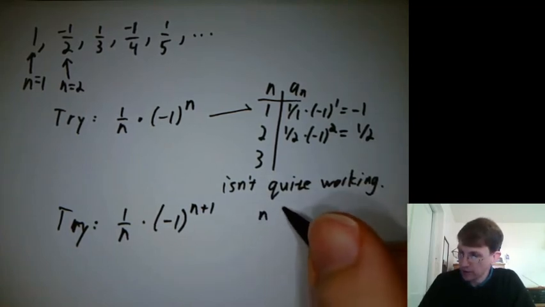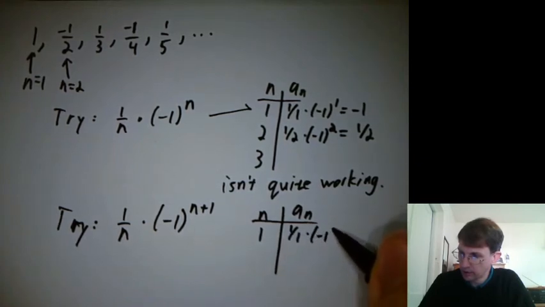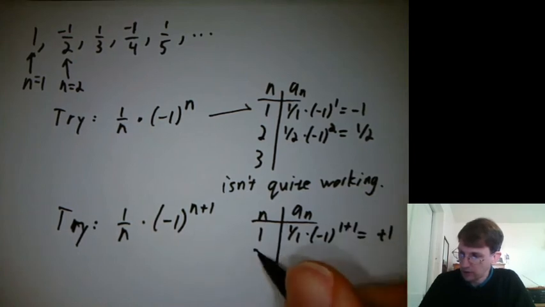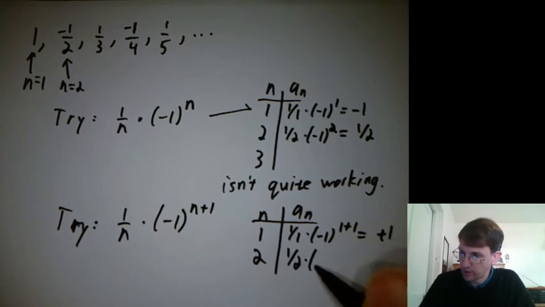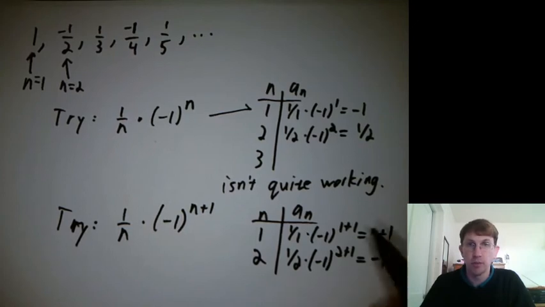So let's try that. When n is 1, we'd get 1 over 1 times negative 1 to the 1 plus 1, which would be positive 1. When n is 2, we'd get 1 over 2 times negative 1 to the 2 plus 1, which is 3, and negative 1 to the 3 is negative, so I'd get negative 1/2. So that seems to be working.